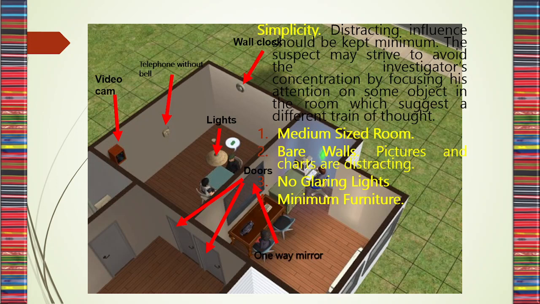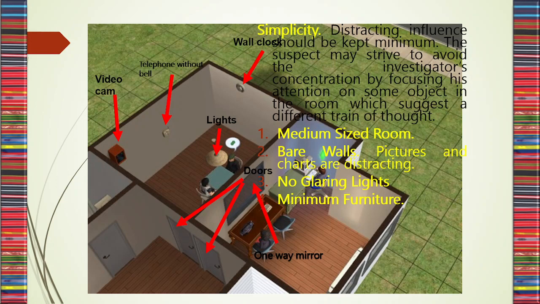Our window is a one-way mirror. Means to say, if we say one-way mirror, only one side can see what is on the other side. But the person on the other side cannot see what is on the opposite side. So, that is the one-way mirror.